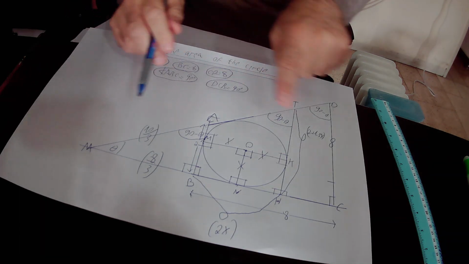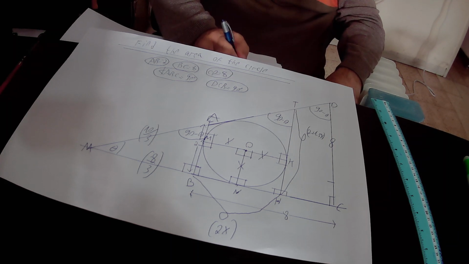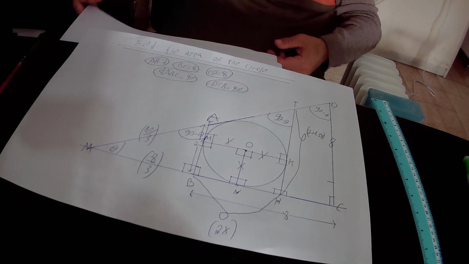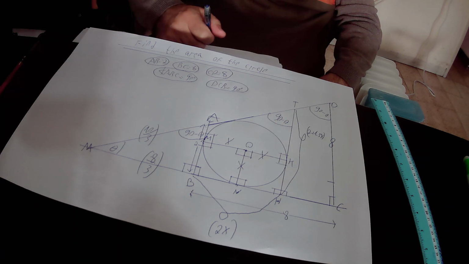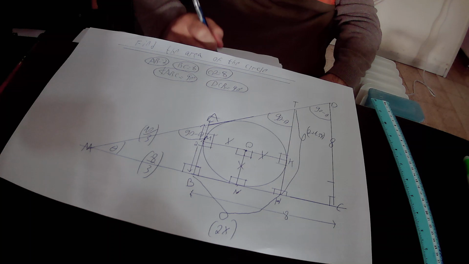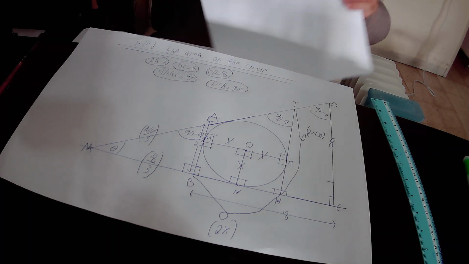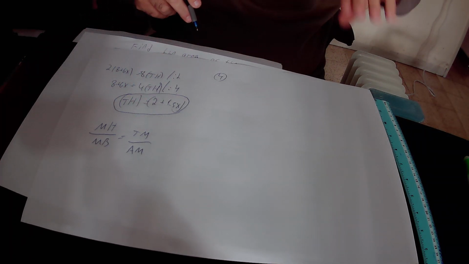We derive that MH in the big triangle over MB in the small triangle is equal to TM in the big triangle over AM in the small triangle. Repeat again, we derive that MH over MB equals TM over AM.